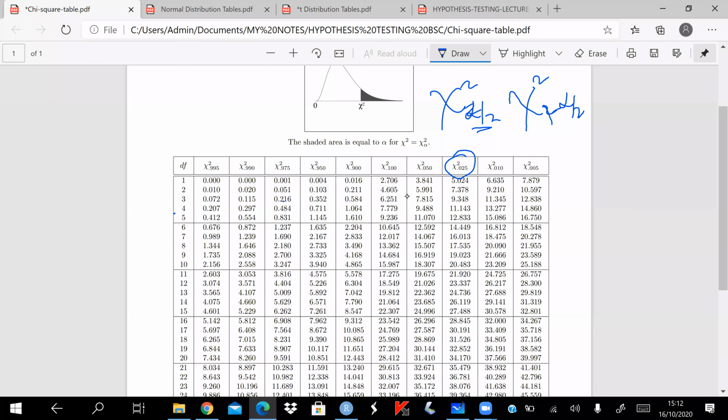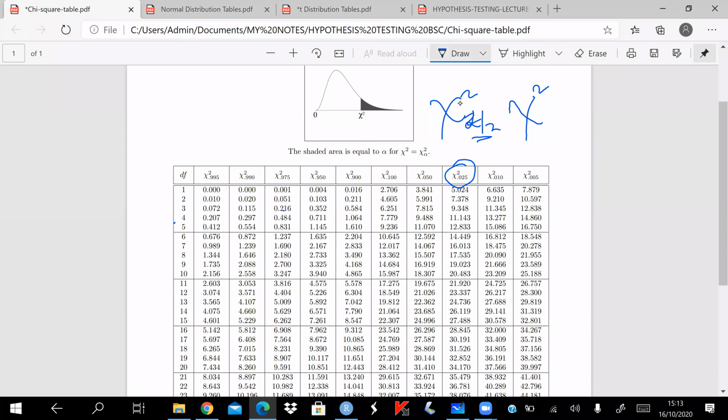So I hope you will be able to notice that difference, that on the lower tail, we are getting the critical value from this number here, 1 minus alpha over 2. So this is the upper tail, and this is the lower tail.